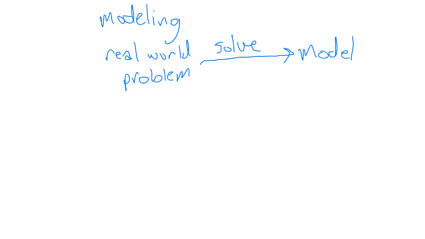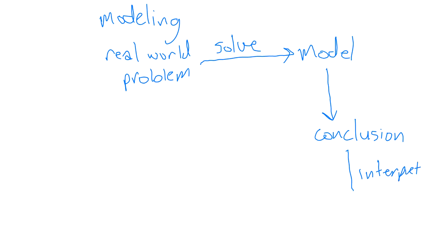From that model, we can look and see how it works, and from that we can create some sort of conclusion. From that conclusion, we can interpret our results and see if they apply, and see if that can have a real life solution.